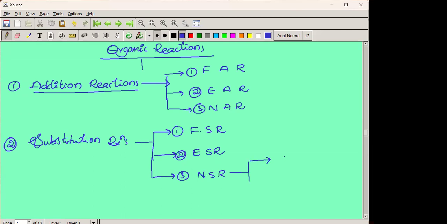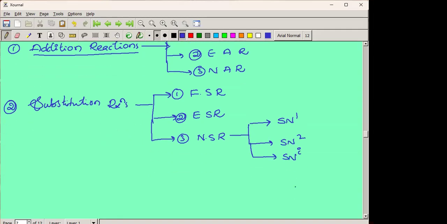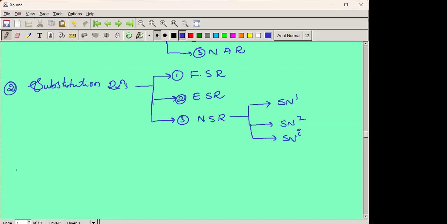Two types, SN1 and SN2, and also one more, that is SNi, internal nucleophilic substitution reactions.